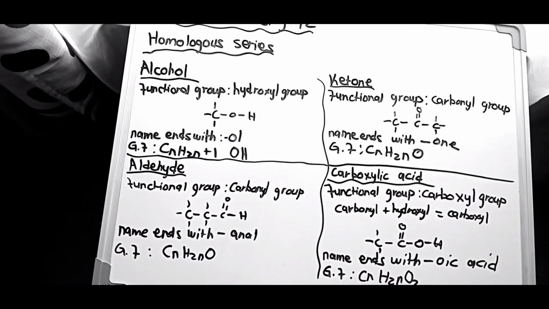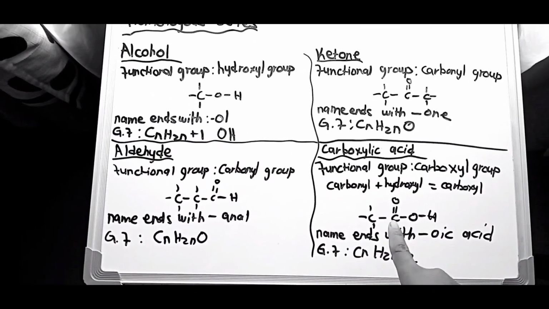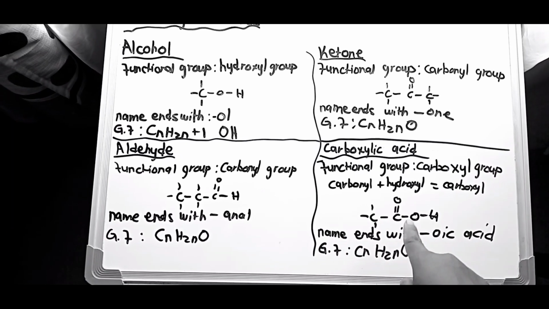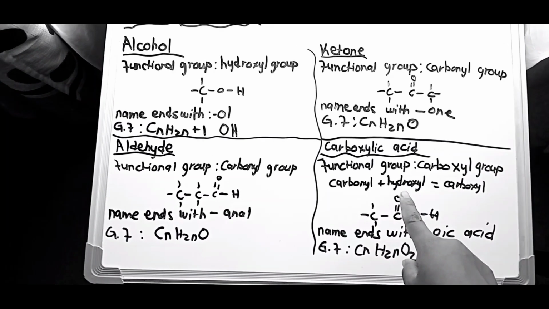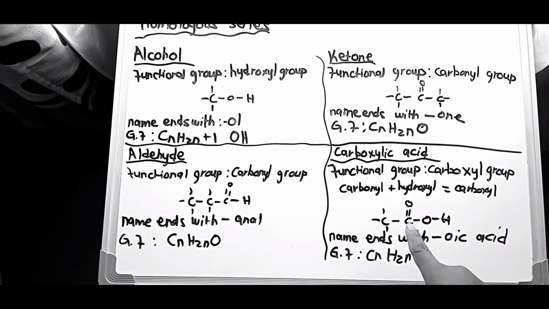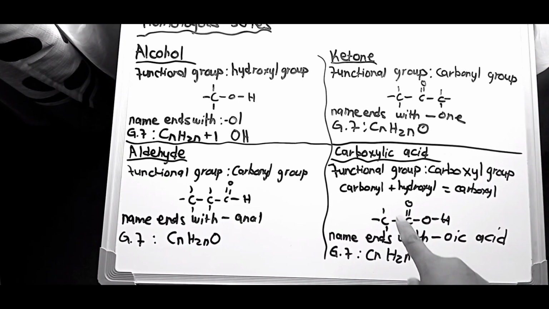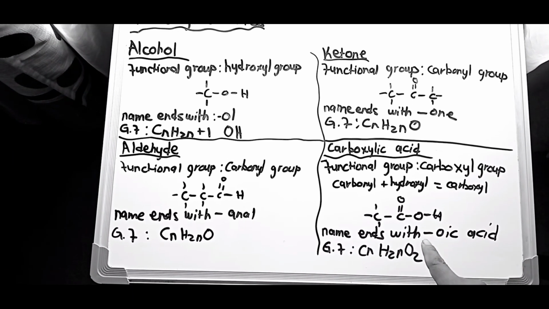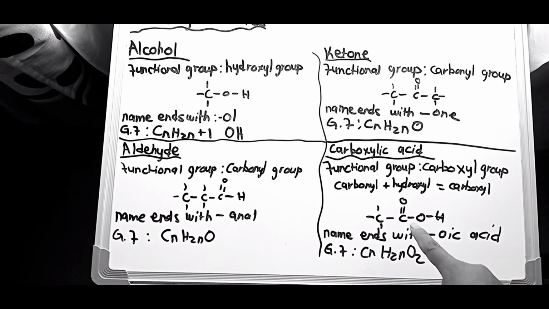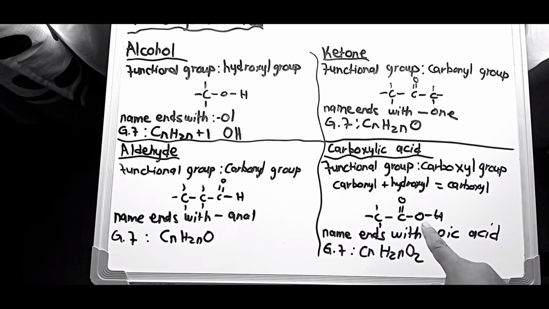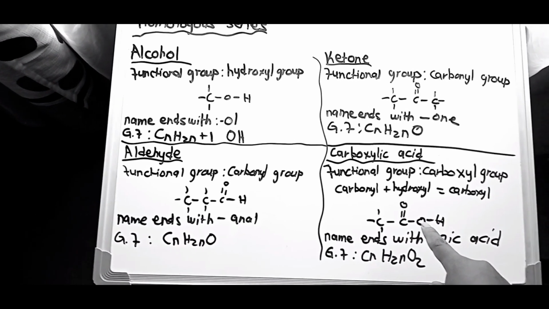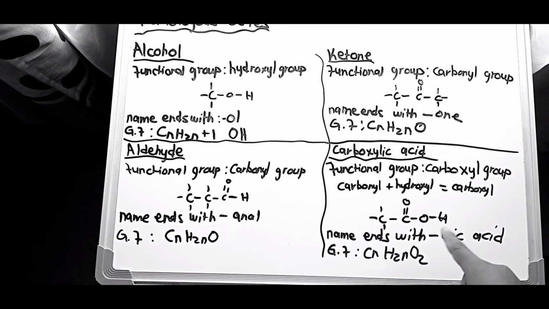So on our structural formula, we can see we have the carbonyl group, the double bond of oxygen with a carbon, with the hydroxyl group. The hydroxyl group is the OH, guys. This hydrogen with the other oxygen is called the hydroxyl group.